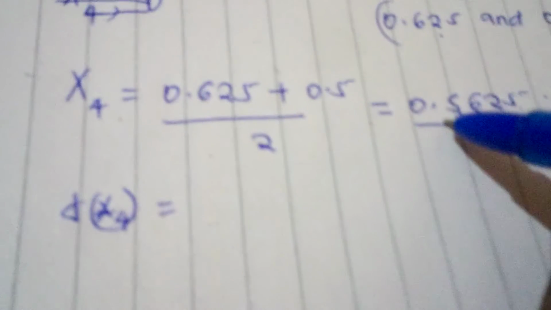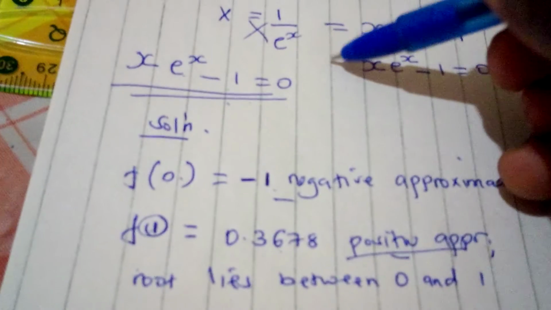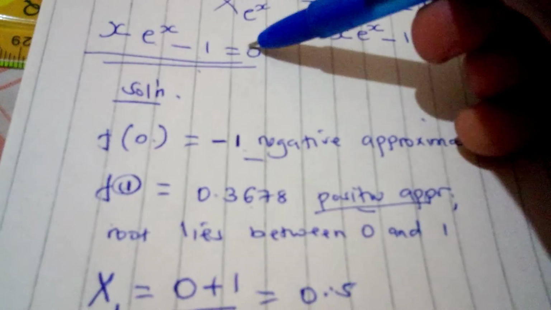So we have f of x4 is equal to, you replace 0.5625 into our equation, and our equation was x exponential x minus 1 is equal to 0. So we have 0.5625 exponential 0.5625.